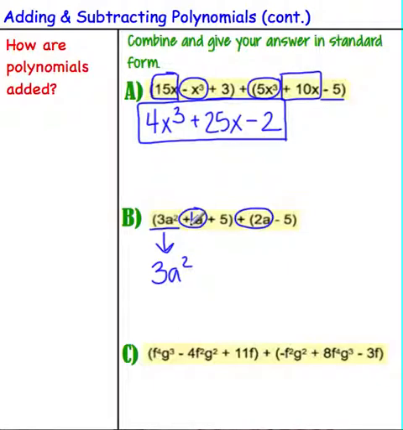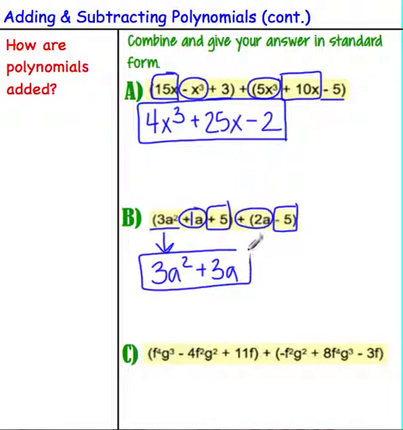So 1a plus 2a is 3a. And then I have a plus 5 and a minus 5. Well, positive 5 minus 5 is 0, which means we wouldn't put anything. You could put a plus 0 and it wouldn't be wrong, but let's just make it simple and not do that.